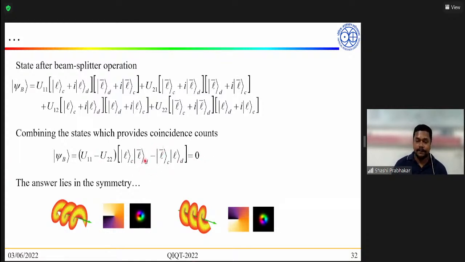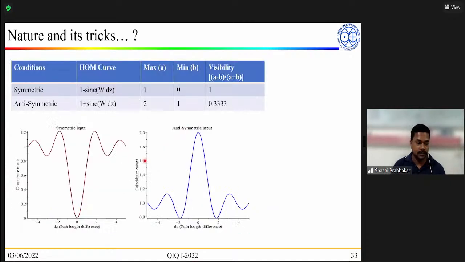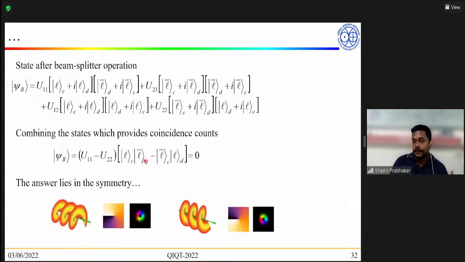The answer lies in the symmetry: if only one photon is affected by the turbulence, you are not going to see any change in the dip or in the visibility. Your visibility will always be perfect, meaning your Hong-Ou-Mandel result will always be perfect.